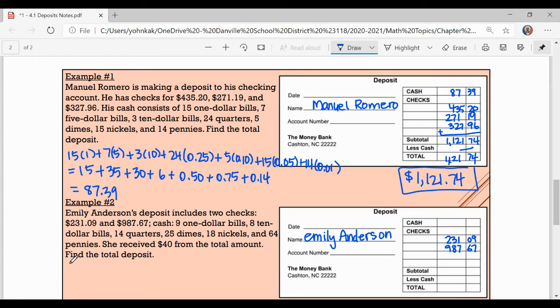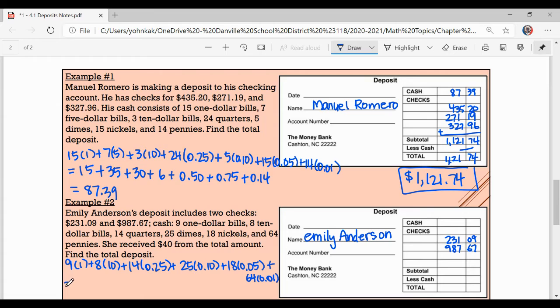She has 9 $1 bills, 8 $10 bills, 14 quarters, 25 dimes, 18 nickels, and 64 pennies.